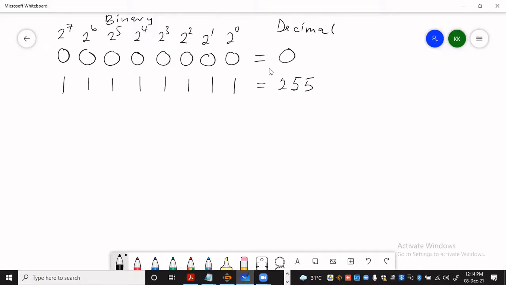So anyways, if you have 8-bit systems for data exchange, the concept here is that since they are represented in binary format, it can only be 0 or 1.